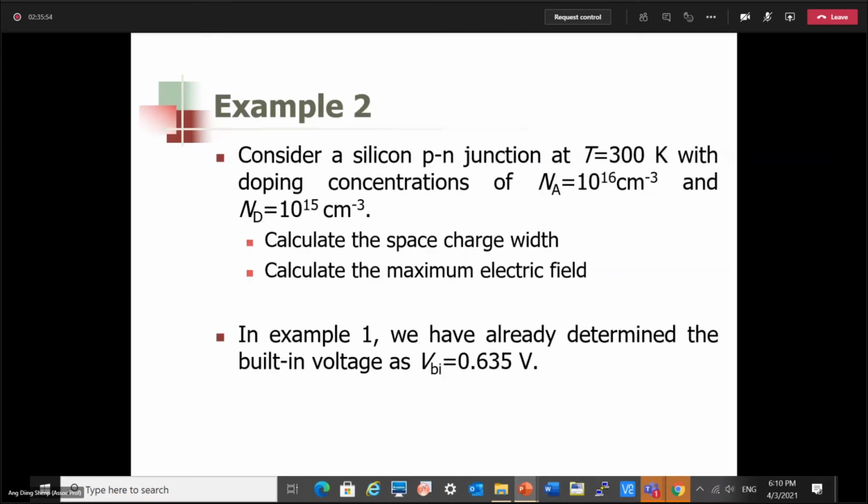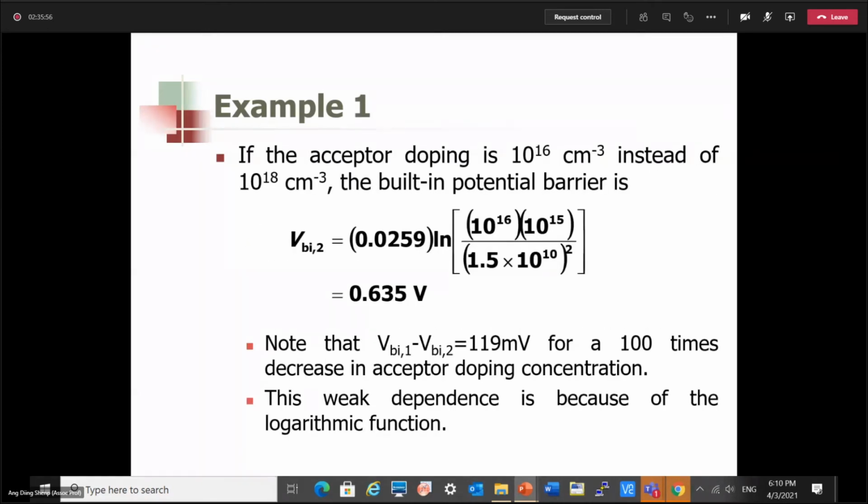Now, I don't know whether this rings a bell for some of you. Does anyone already know something about silicon PN junctions, or a PN junction diode in general?